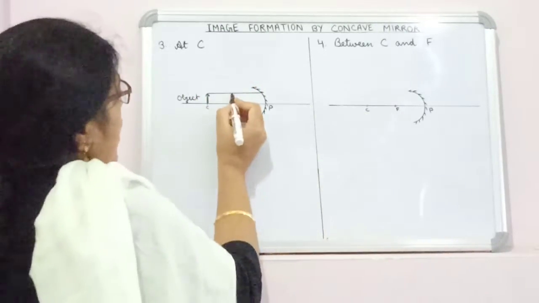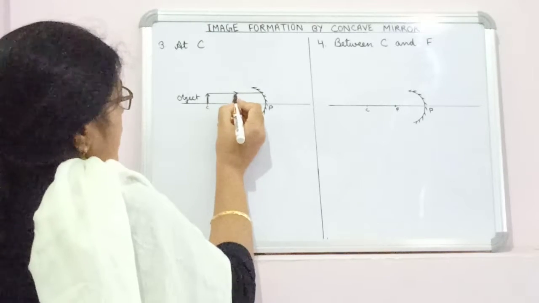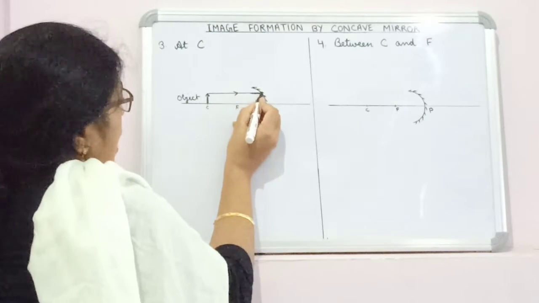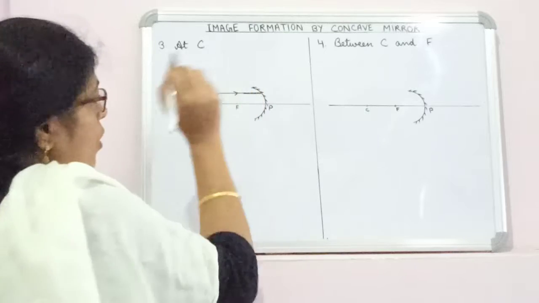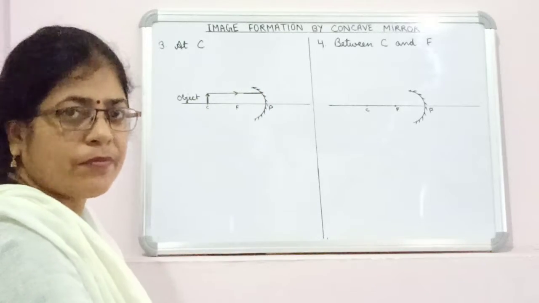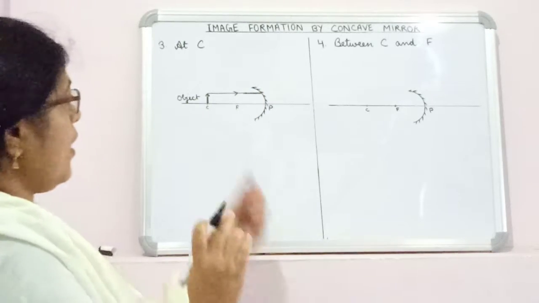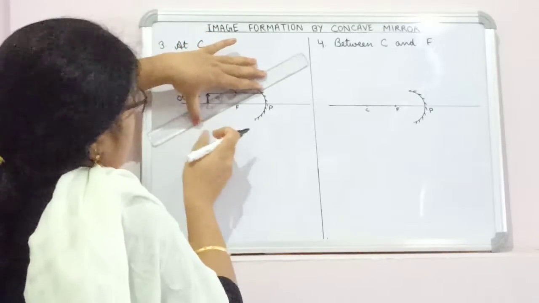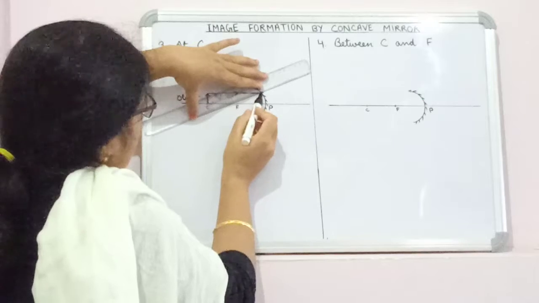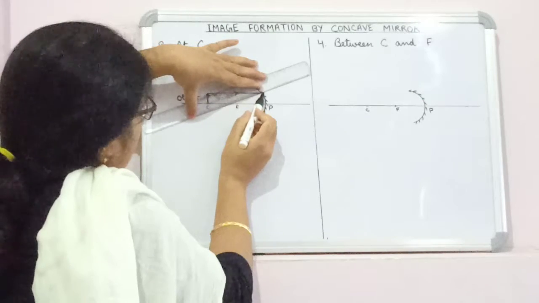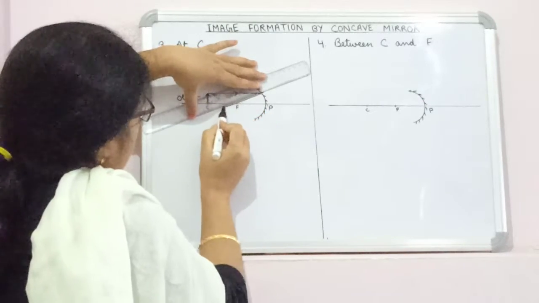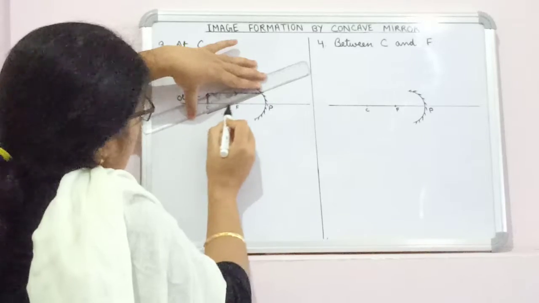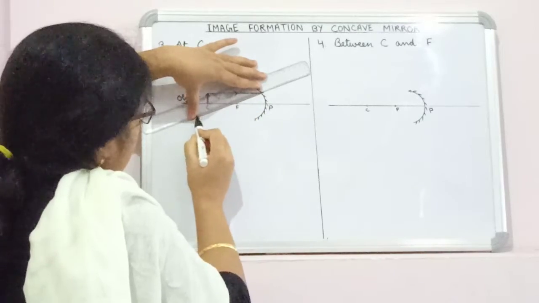The first ray we take is parallel to the principal axis and falls on the mirror surface. After reflection it will pass through the focus, like this.